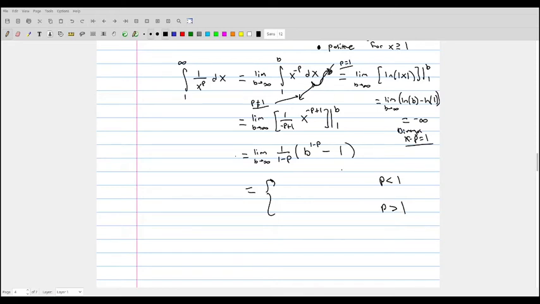If p is less than 1, then the exponent of b here is positive, because you have b to a positive number, which means that this limit is going to be positive infinity. And if p is greater than 1, then the exponent of b is negative, because you have 1 minus a number that's greater than 1. Therefore, this limit of b is going to be 0, and this integral is going to be negative 1 over 1 minus p, or 1 over p minus 1.